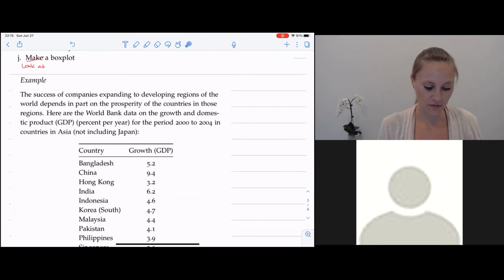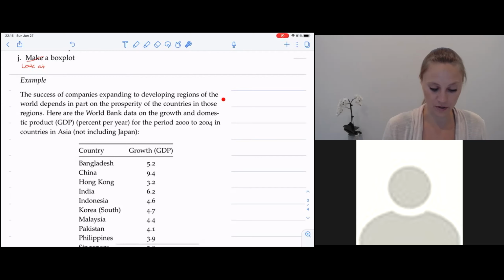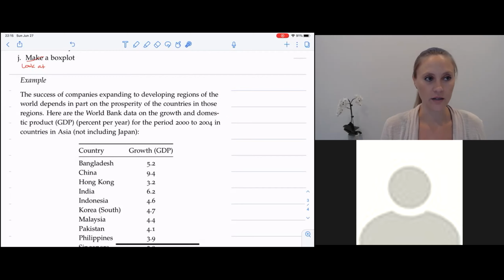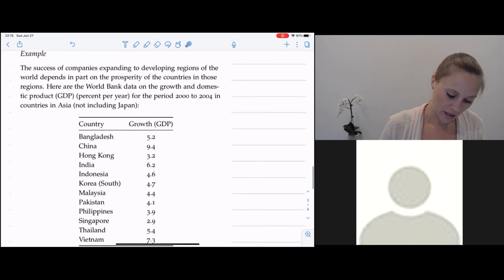The success of companies expanding to developing regions of the world depends in part on the prosperity of the countries in those regions. Here are the World Bank data on the growth in domestic product, GDP, percent per year for the period 2000 to 2004 in countries in Asia, not including Japan. I just steal these from different places.